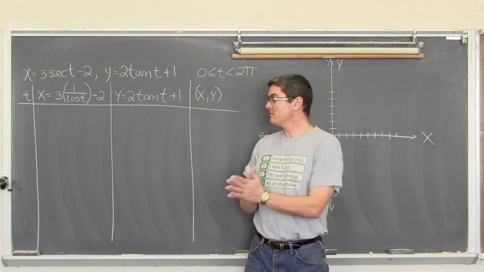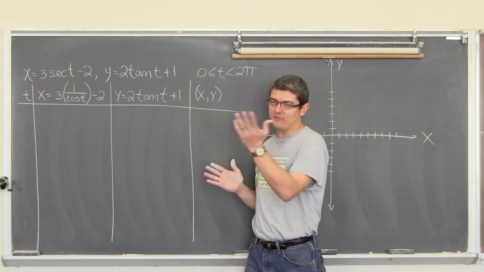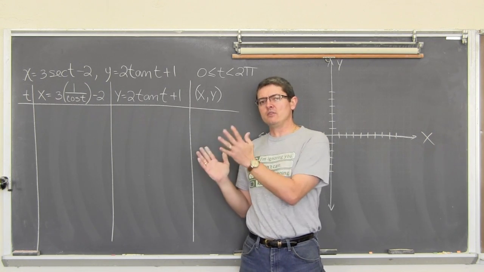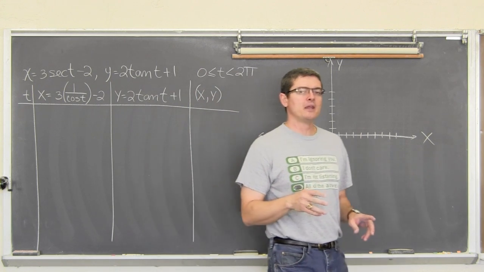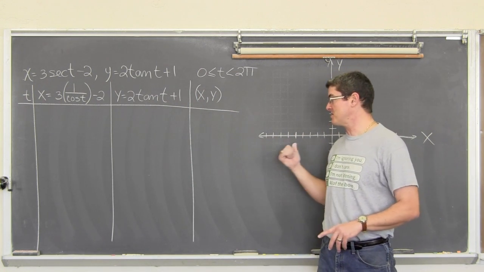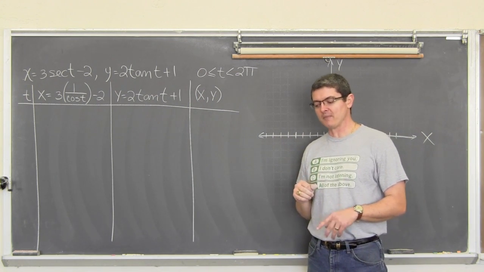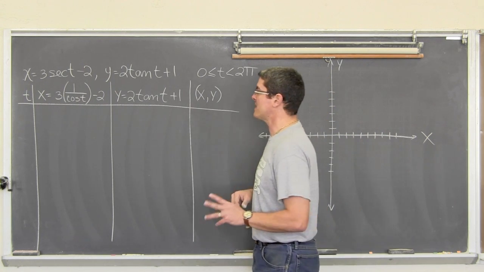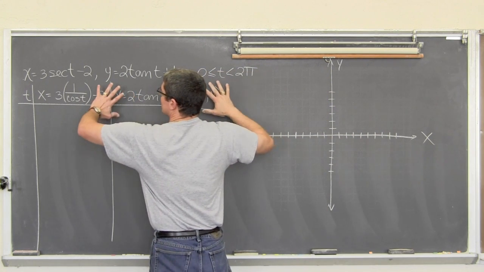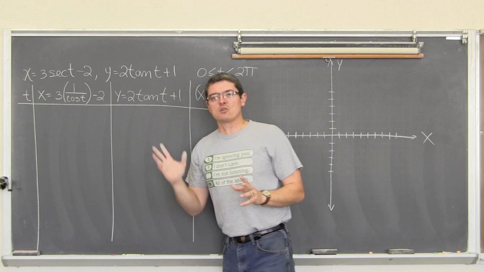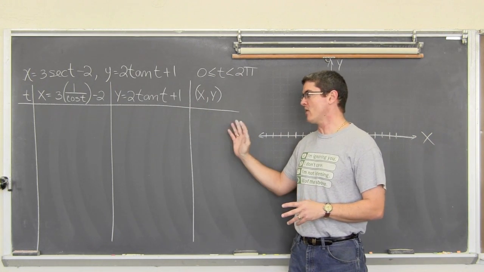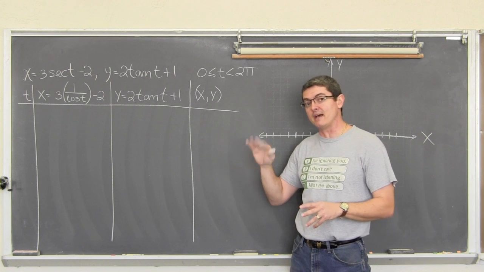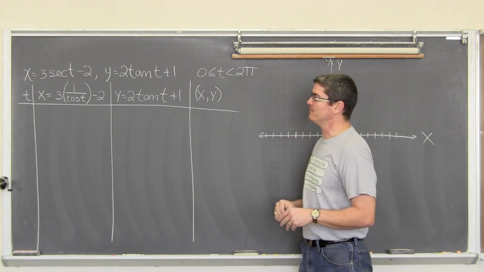So I'm going to go ahead and pause the tape or video, and that'll give you a chance to really work out a good length t-table and get a good number of points to see what this thing actually looks like. And then again, please watch my second video, because I would suggest to graph this one, you always want to do parametric equations, graphing them off of a t-table like this to get that direction of motion.